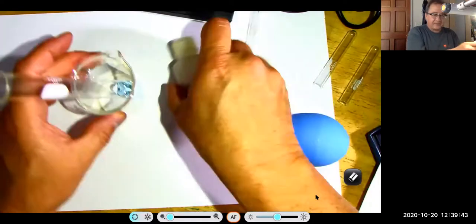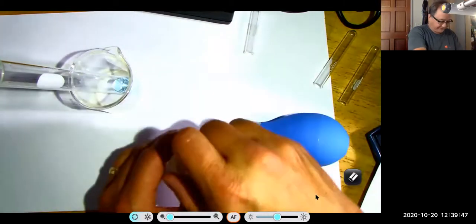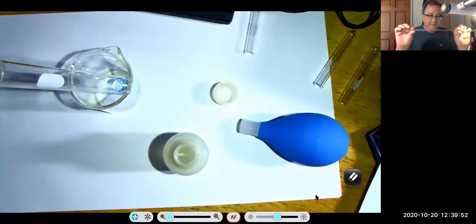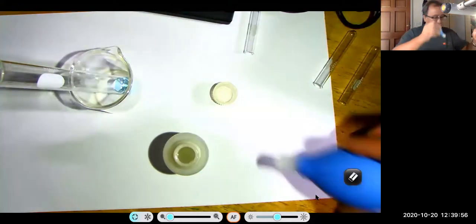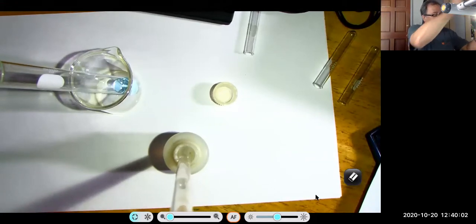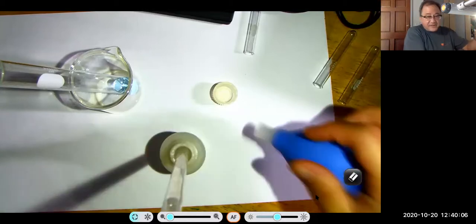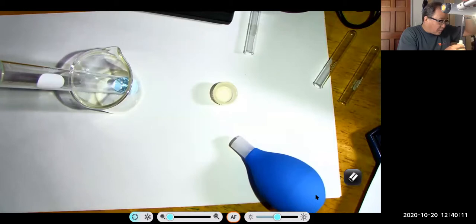Now what I'm going to do is take 3 milliliters of this solution and dilute this. So I have a fresh pipette here. And I'm going to draw solution in. And here, you can see I don't need to drop it to 2. Right now it's at, no, not quite 1.